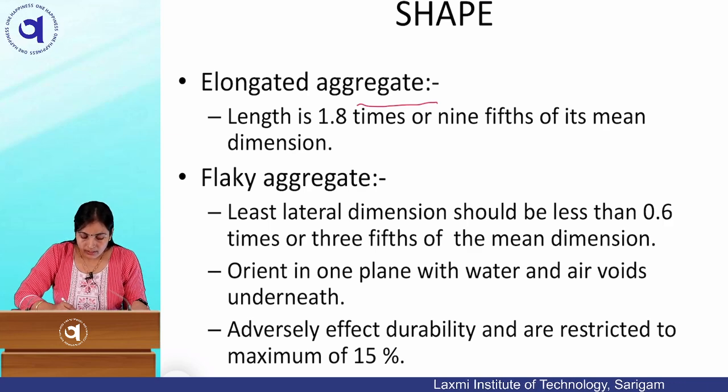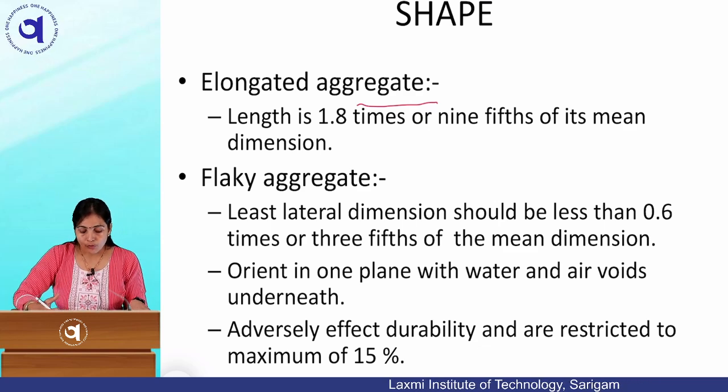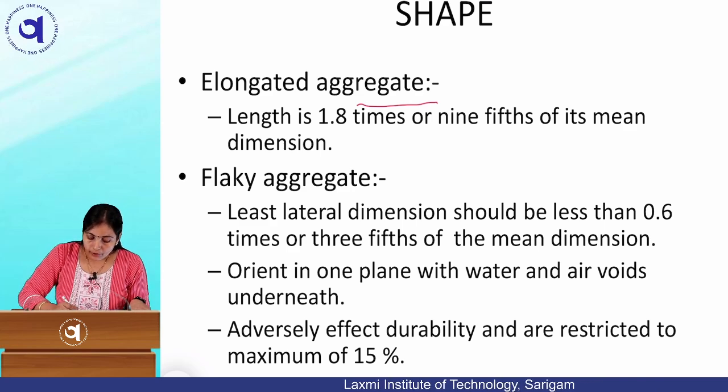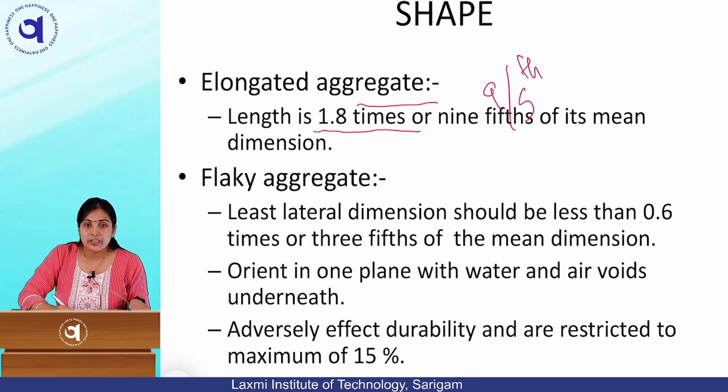So, this elongated aggregate, what is this? For what we are calling this elongated aggregate? If the aggregate length is 1.8 times, or 9 by 5 times, of its mean dimension.